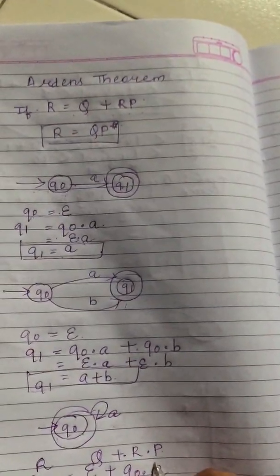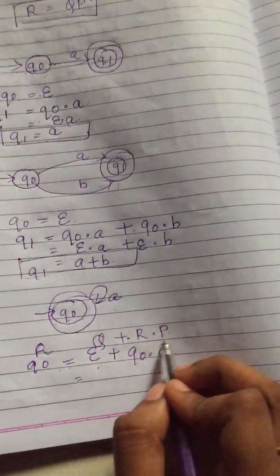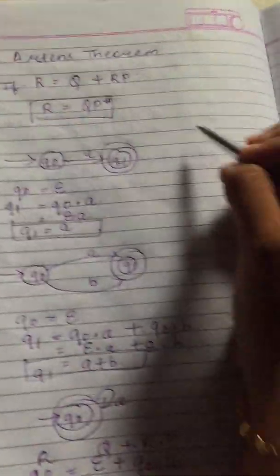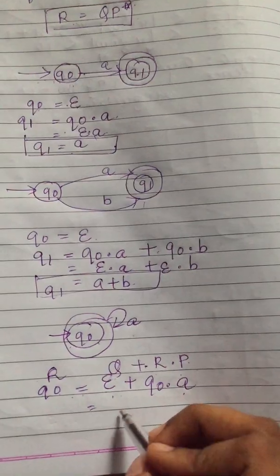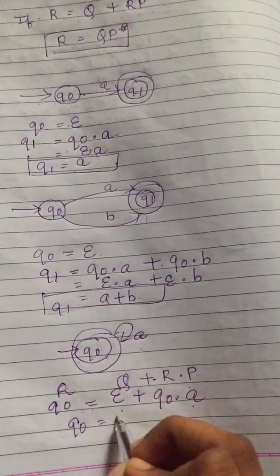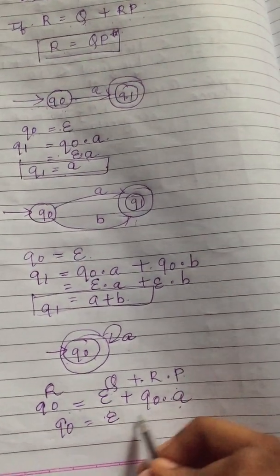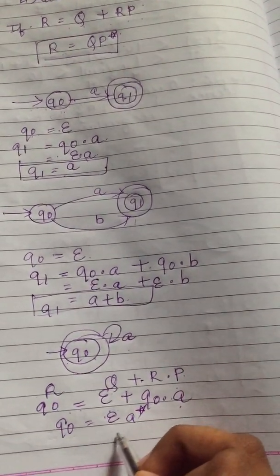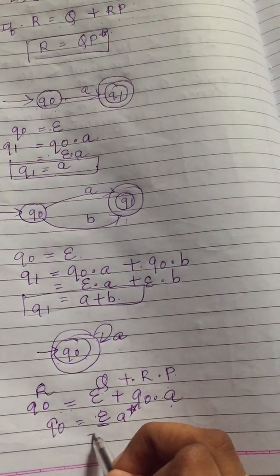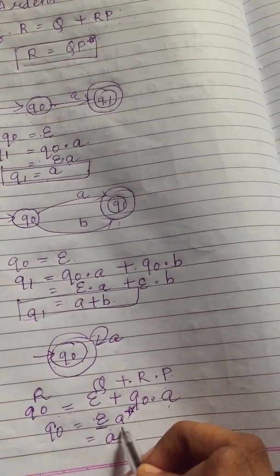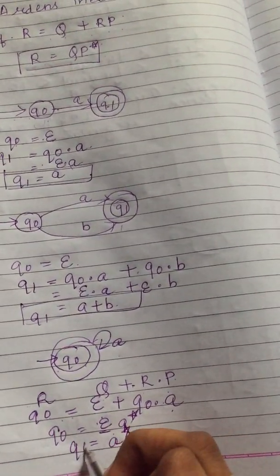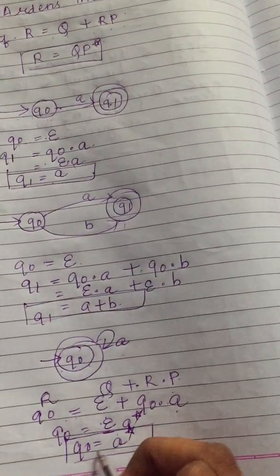This is our formula. If R is equal to Q plus RP, then R is equal to QP star using Arden's theorem. So Q0 will be QP star, epsilon P star. Epsilon can be ignored, so this will be our RE.